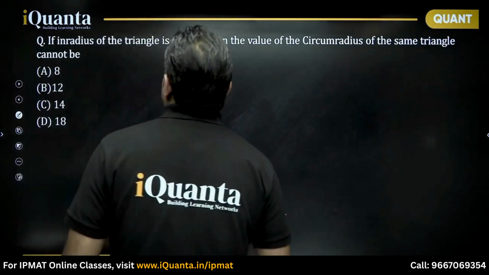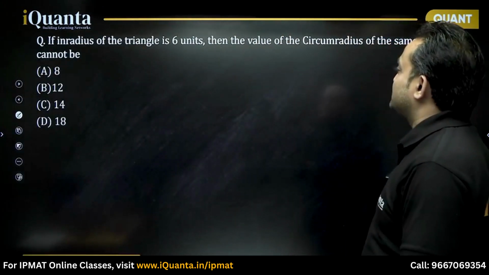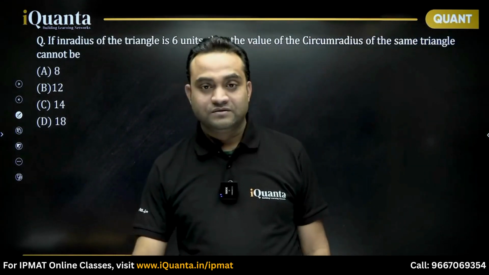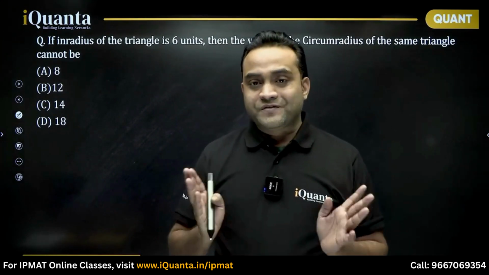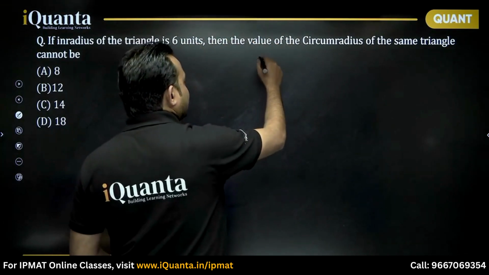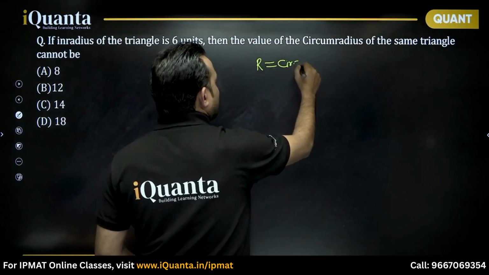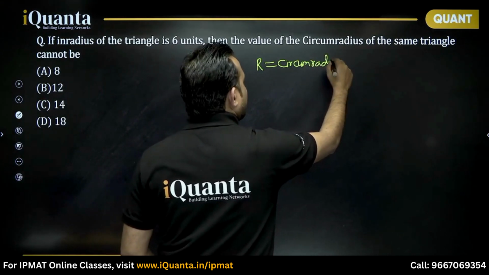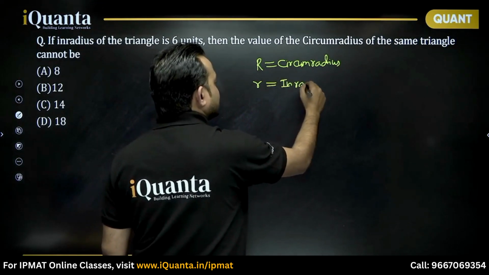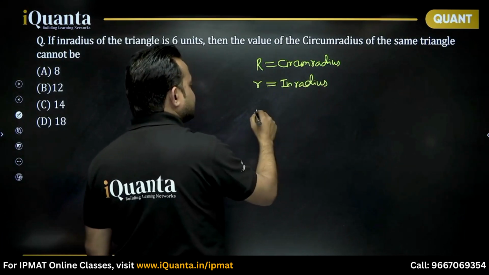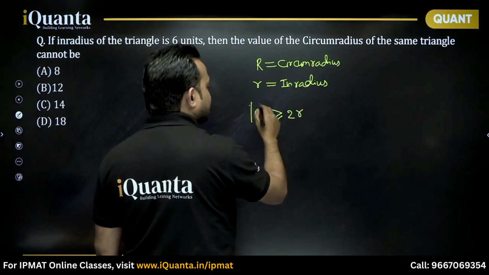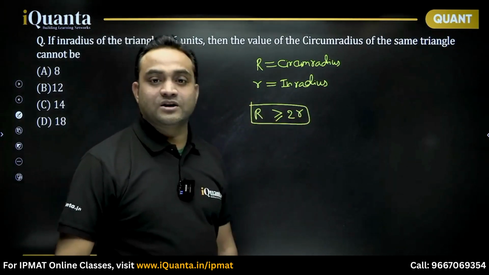First question: if the inradius of the triangle is 6 units, then the value of the circumradius of the same triangle cannot be. The derivation of this is a little bit complicated, but you should remember that if R is the circumradius and small r is the inradius of the same triangle, then the relation between them is that R is always greater than or equal to 2r.